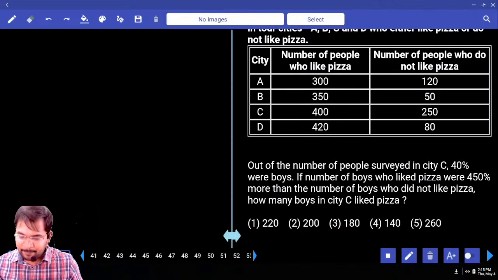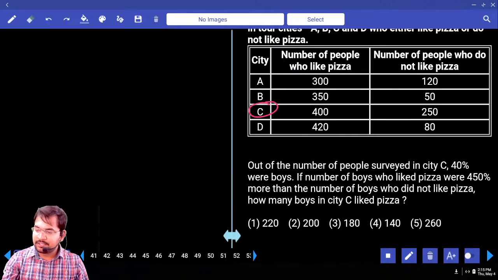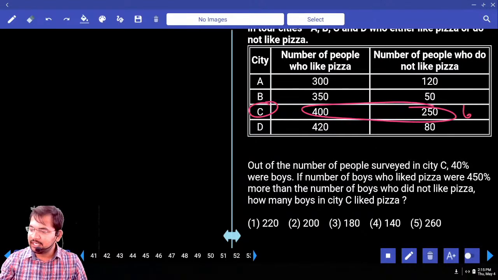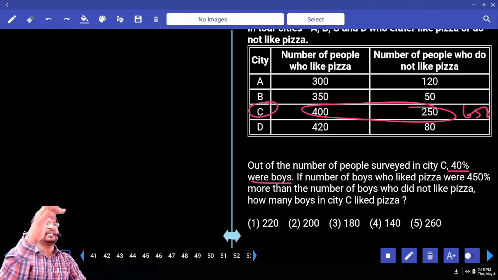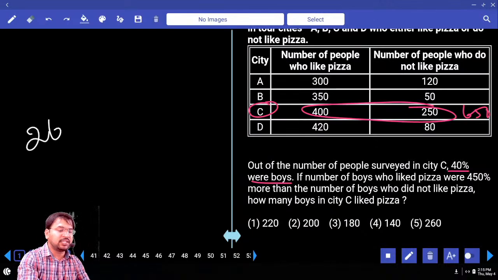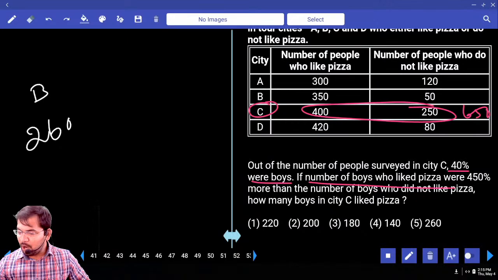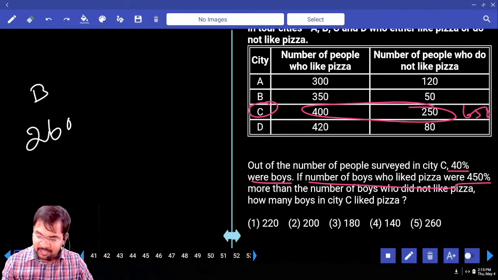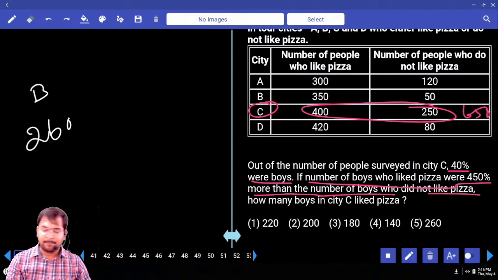So out of the number of people surveyed in city C, total people is how much? 650, right? In city C 650. So 40% were boys. 40% is how much? 65, 130, 260. So boys are 260. The number of boys who like pizza were 450% more than the number of boys who did not like pizza.